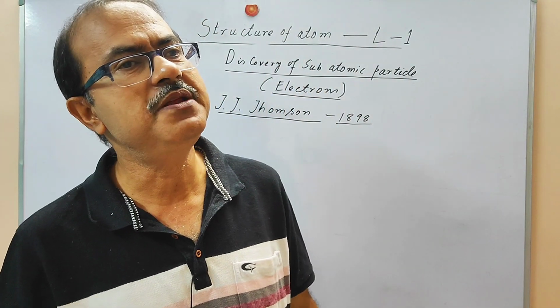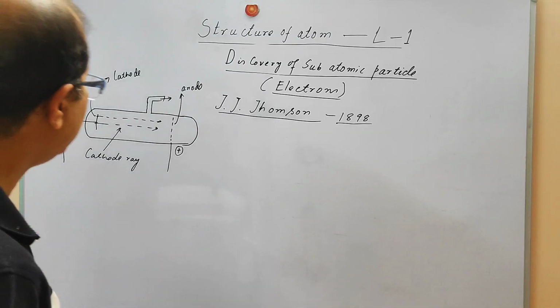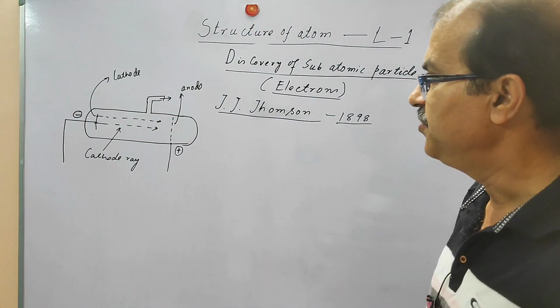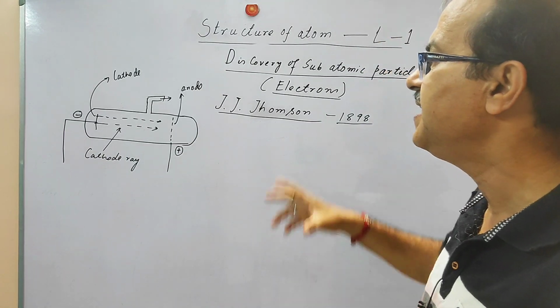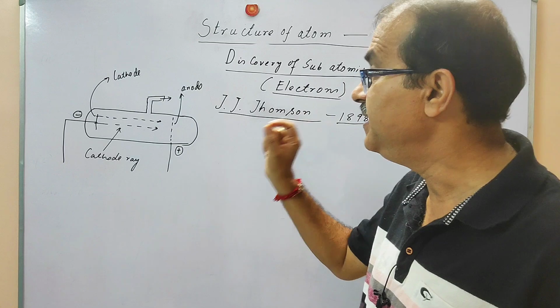He was experimenting on the cathode ray discharge tube, and the diagram of the cathode ray discharge tube is this. You can see it is basically a tube where the cathode and anode are seated.